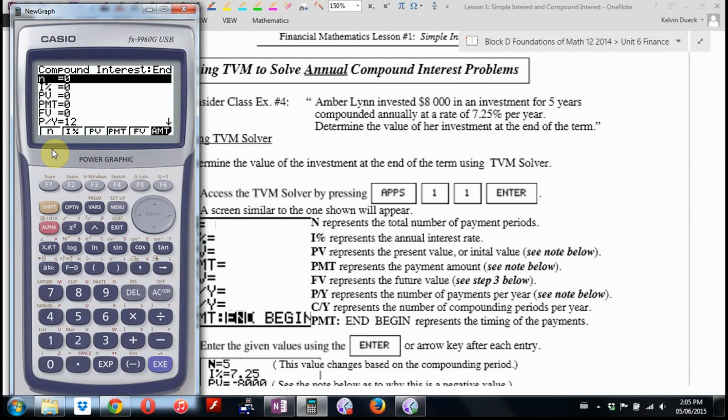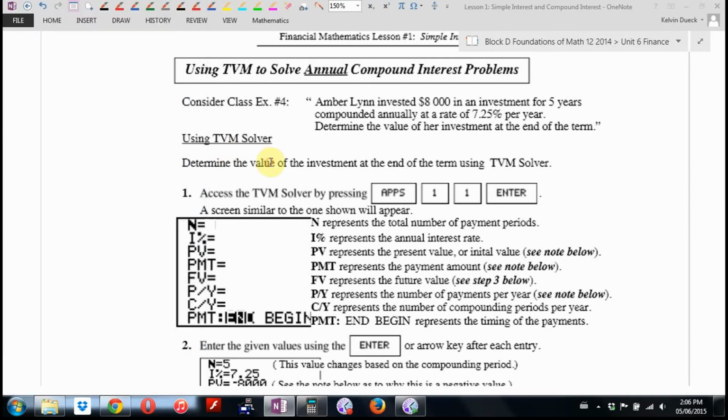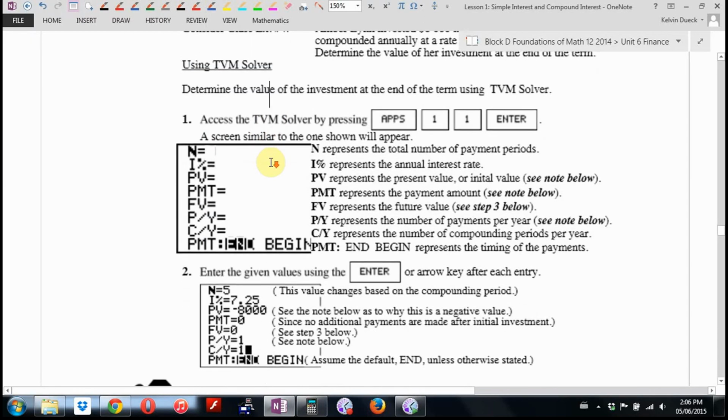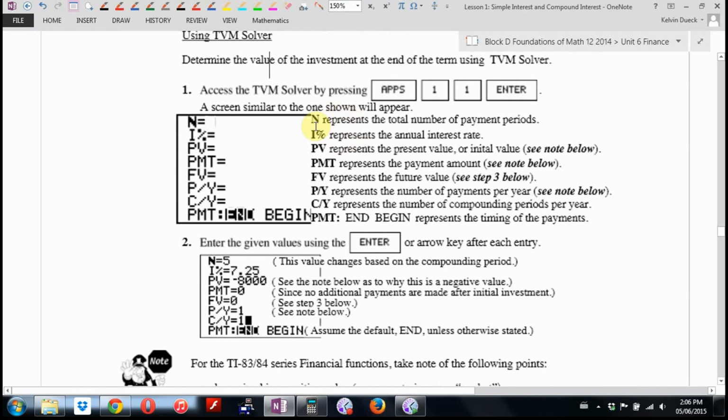Final or future value. P/Y stands for payments per year, and C/Y stands for compound periods per year. We're going to get to that next lesson.